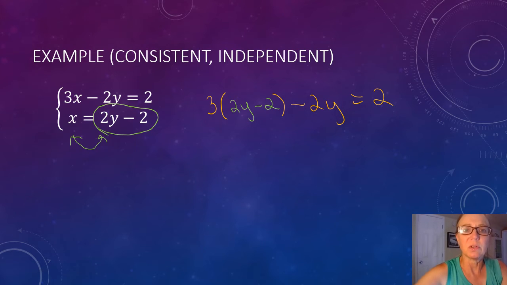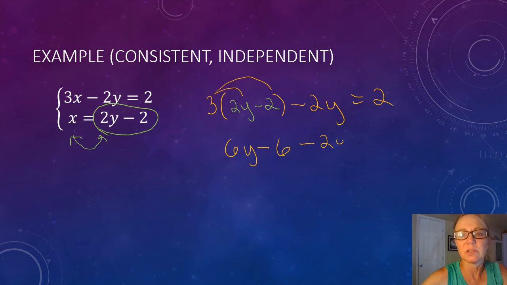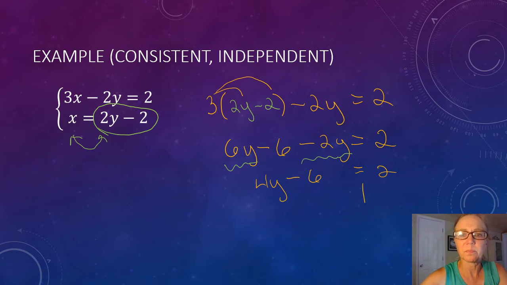Now I distribute the 3 to remove the parentheses. 3 times 2y is 6y. 3 times negative 2 is negative 6. Recopy the minus 2y, recopy the equals, and the 2. Now I'm going to combine my like terms. 6y minus 2y is 4y. Recopy the minus 6 and the equals and the 2.